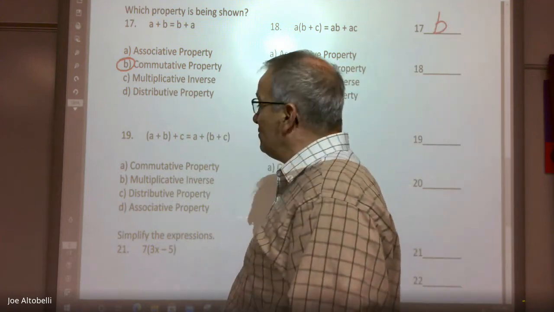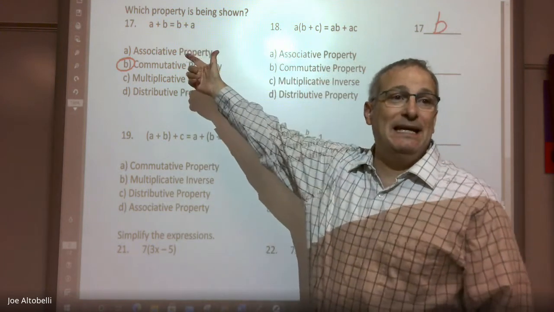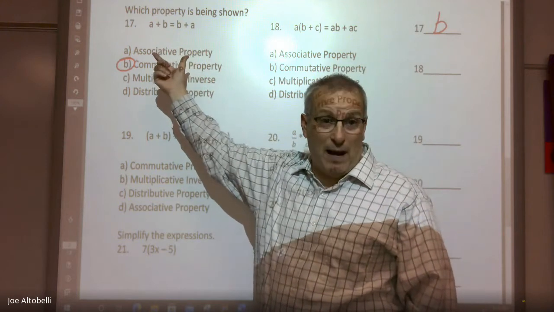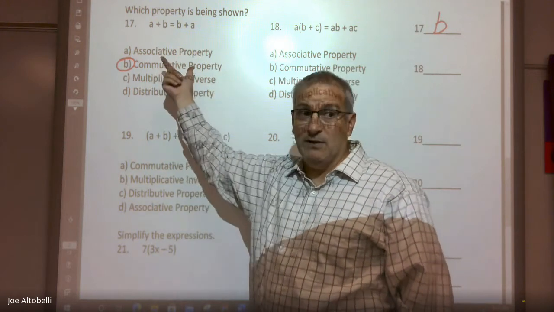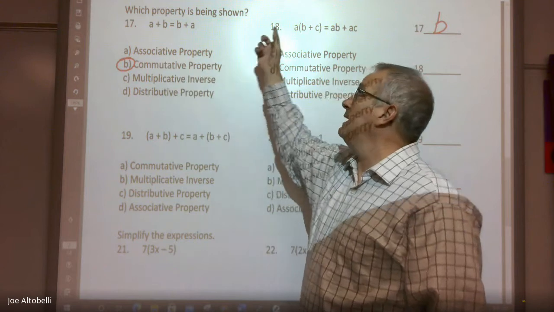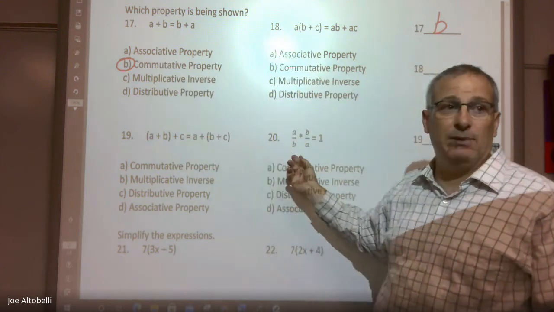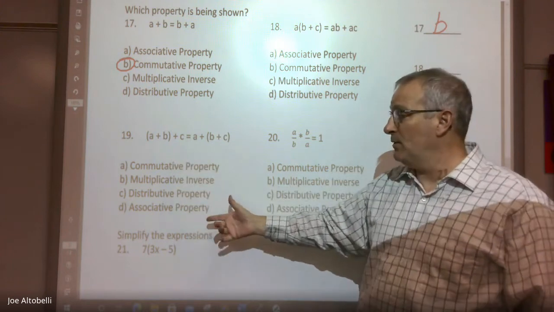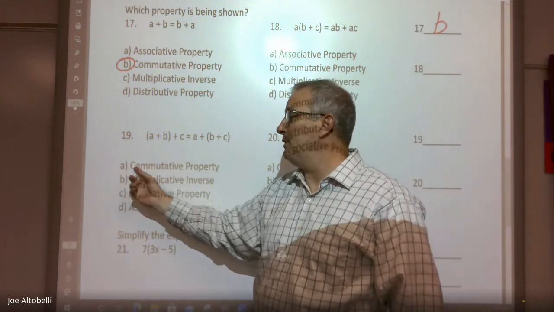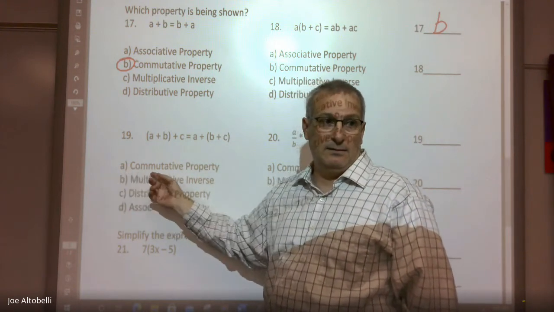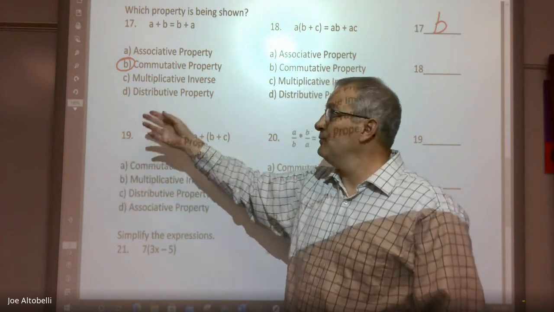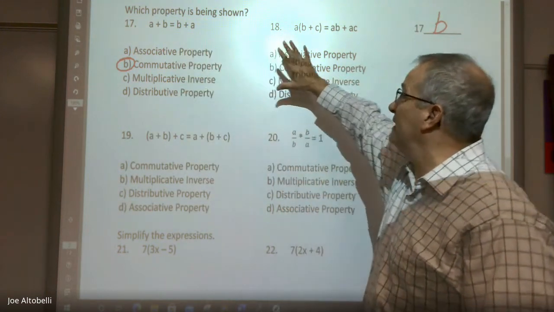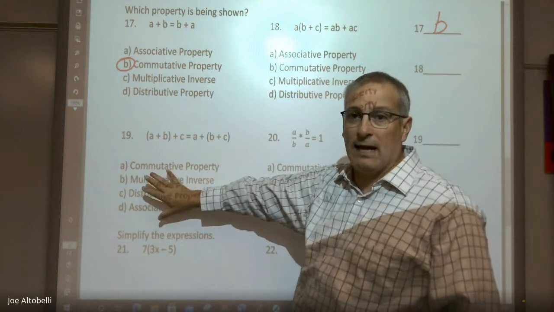If you know 17 is B, the commutative property, then you know none of these other ones can be the commutative property. Okay? Notice though down here, the commutative property is A. I did not do these, they're the same here and here, but then they're different down here.